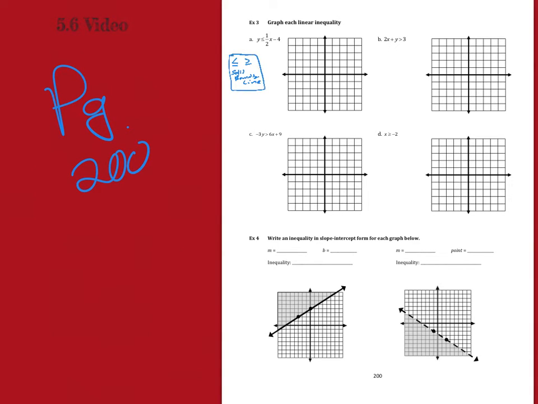And then when it's just less than or just greater than, we draw a dashed or dotted boundary line. So in this case, we're going to draw a solid one.